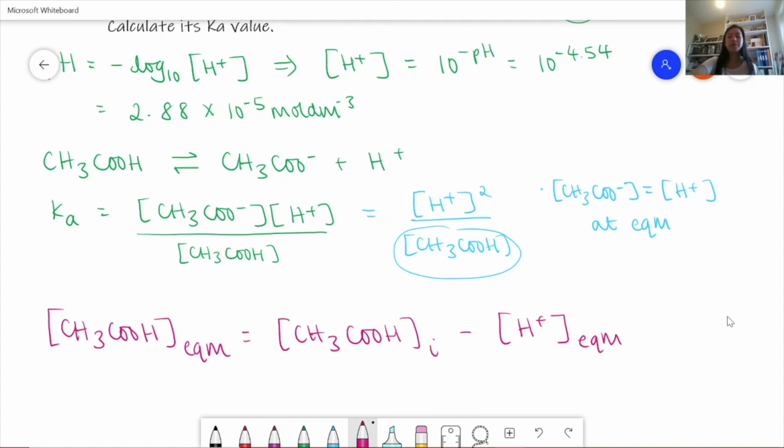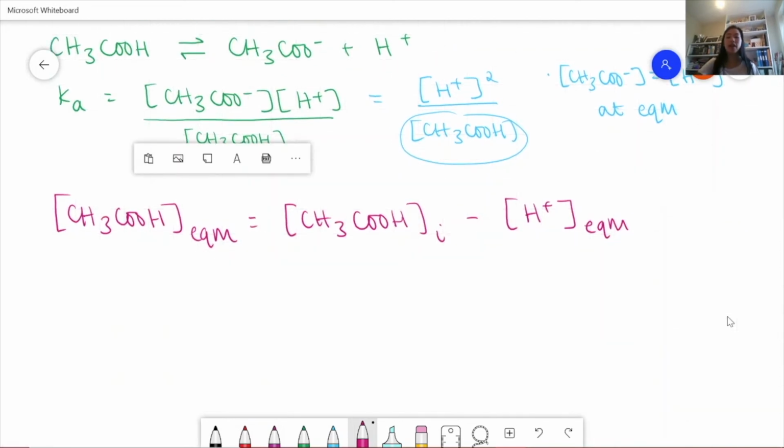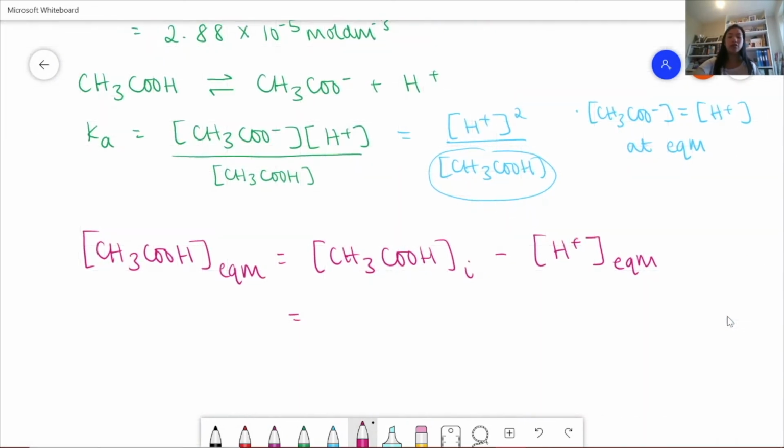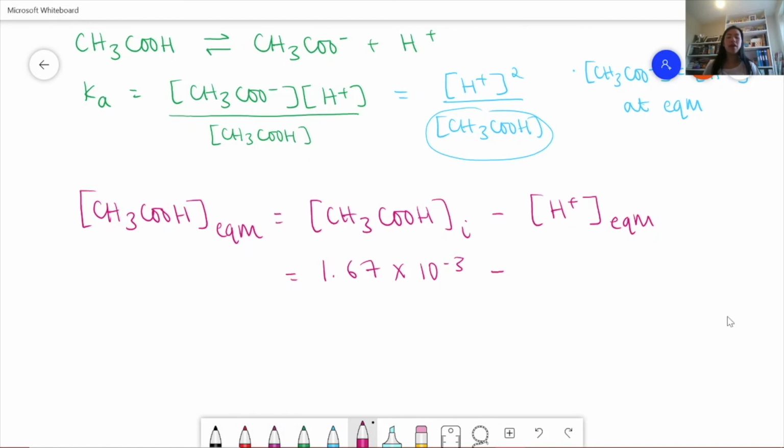relationship again. And so what we get is that this is equal to the original, which is given in the question. So that is 1.67 times 10 to the minus 3. And then we assume that this concentration of H plus at equilibrium is very, very small because it's a weak acid.